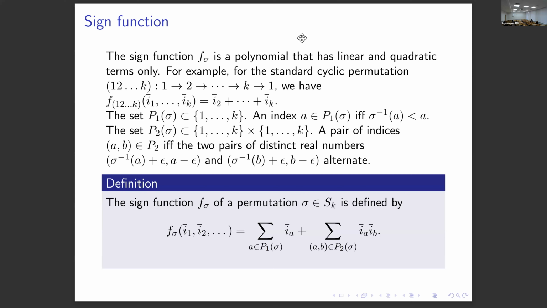If you take just the inverse permutation, it's 1, 2, 3. This is permutation 1, 3, 2. And you see P1 of 1, 3, 2 is 3. You have a directed edge from 1 to 3, and you label the target point 3. And P2 of 1, 3, 2 is all the pairs that are crossing.